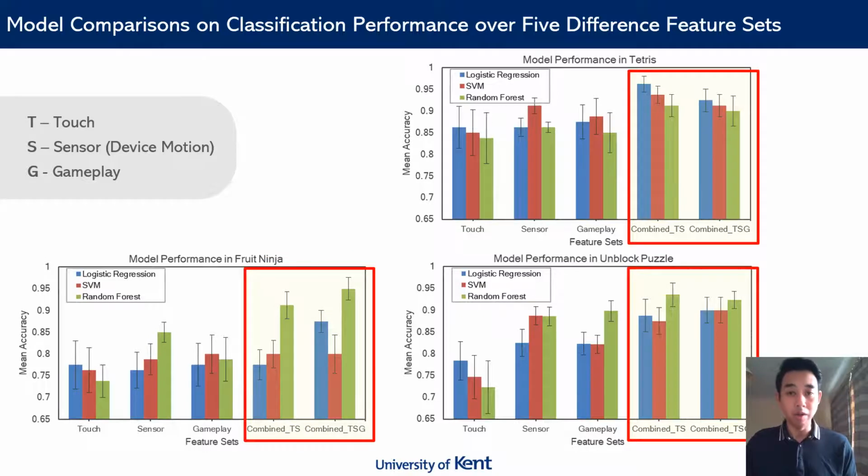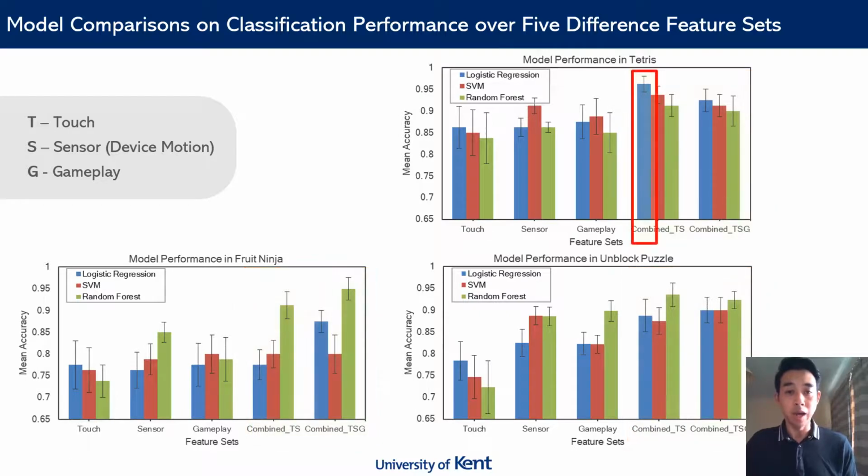By comparing the overall results, using combinations of multiple feature sets as input improved the model performance in classification accuracy as compared with using only a single set of features. It is noted that logistic regression shows the highest mean accuracy of 0.96 when using the ensemble of touch and sensor features from Tetris.